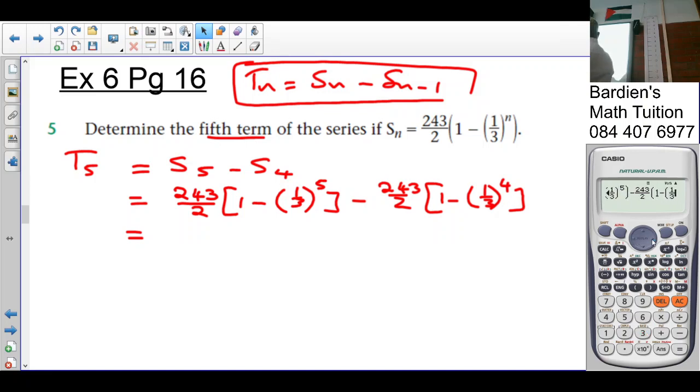I don't think you actually need this bracket here. You want to enter it in the calculator. But okay. So the answer is 1. Okay.